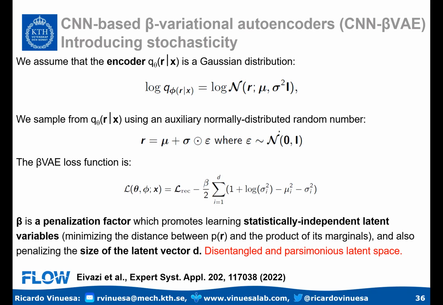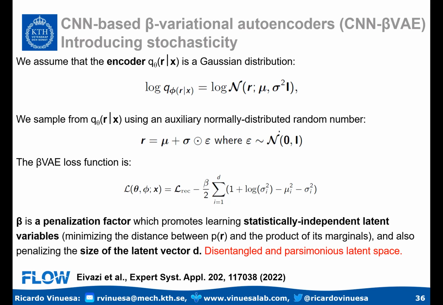So in a way, what you're aiming at is having a latent space that is made up of statistically independent variables, and that is quite parsimonious, that many of those variables are actually 0. So we can have a disentangled and parsimonious latent space, and that's a bit the goal. And if beta is 0, then I'm converging to the normal autoencoder. If beta gets higher, then the modes will be more orthogonal but my reconstruction will get worse, no?